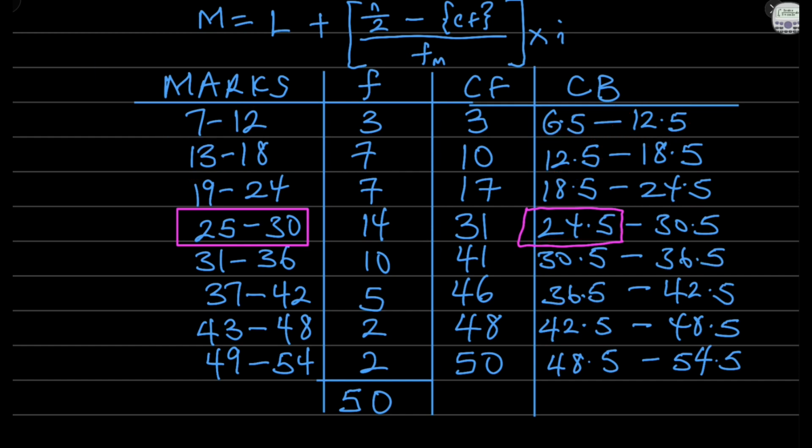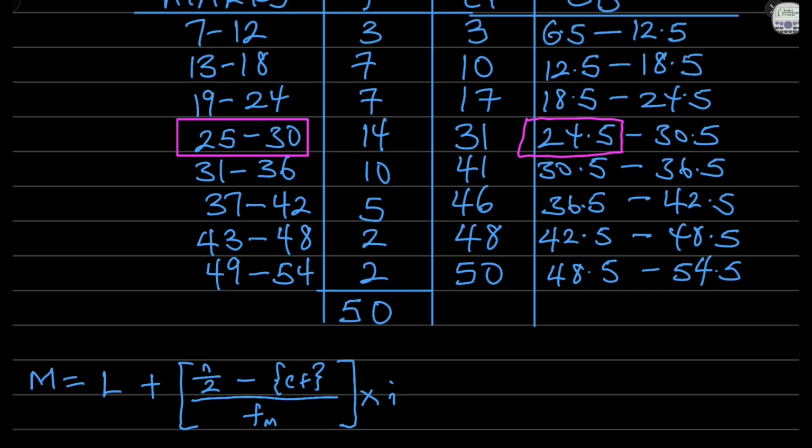So moving on, we've gotten the value for L. L is 24.5, the lower class boundary of the median class. Then I think we can start our calculations. Okay, so we have our L here as 24.5, then plus, all in brackets, n over 2.